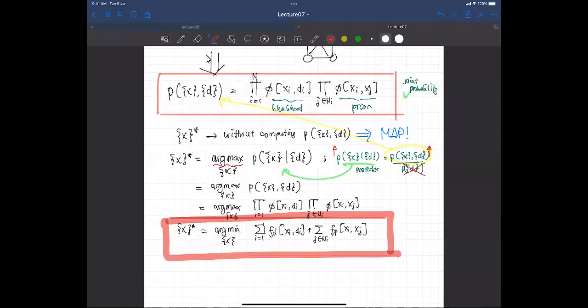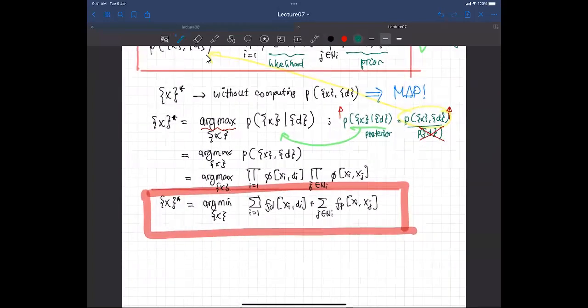Okay, again, in Markov random field, this equation here is called the prior term. It's because it's from prior. And this one is called the data term because this one includes the data, the observation, in the computation. Prior term doesn't have the observation. It doesn't care about the observation.